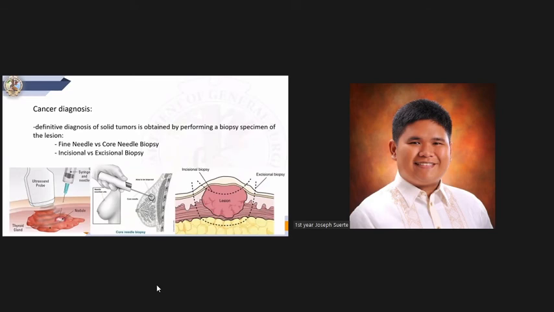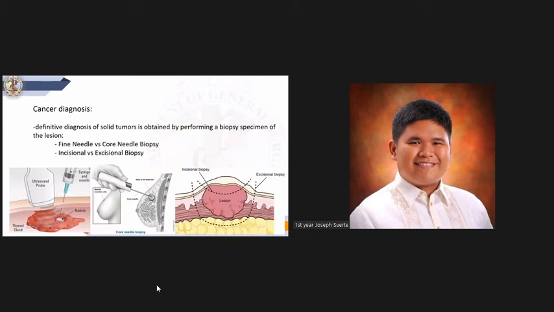So for cancer diagnosis, definitive diagnosis of solid tumors is obtained by performing a biopsy specimen of the lesion. So we have our needle biopsies, our fine needle and core needle biopsies, and our open biopsies, which are our incisional and excisional biopsy.